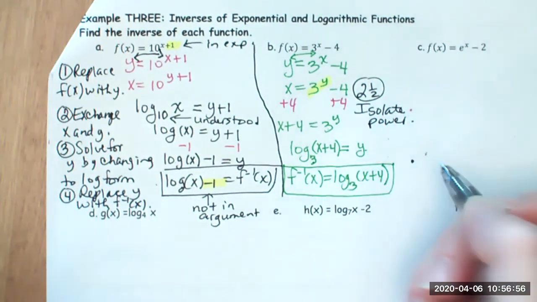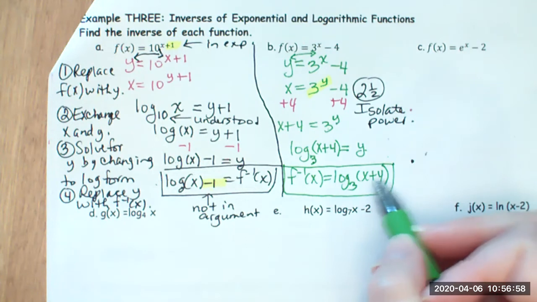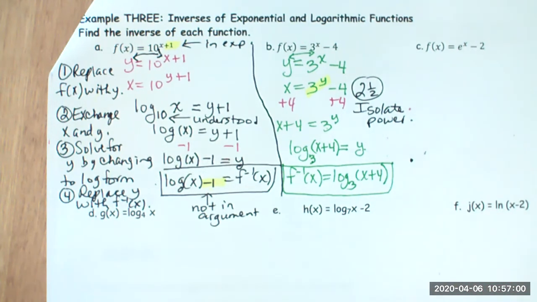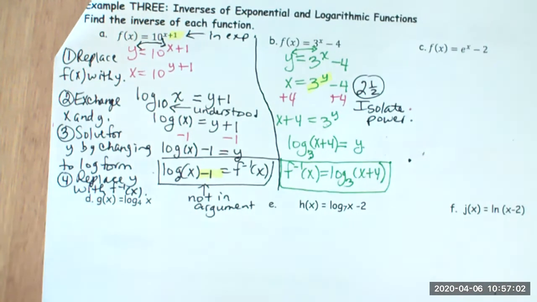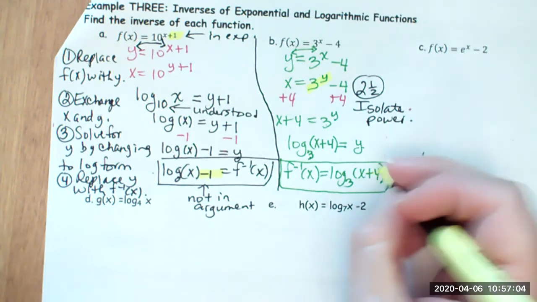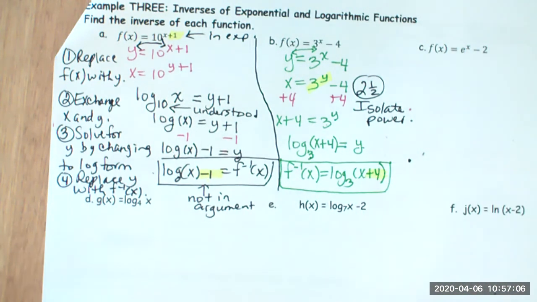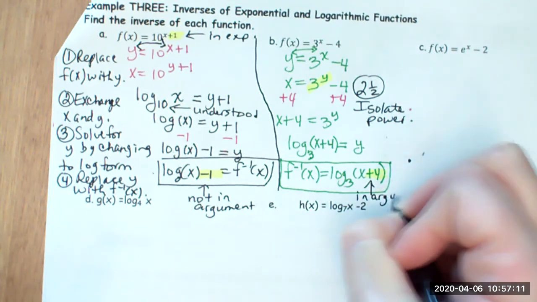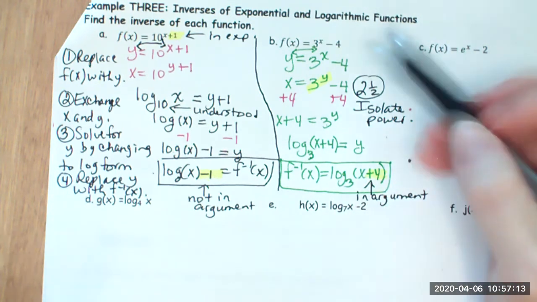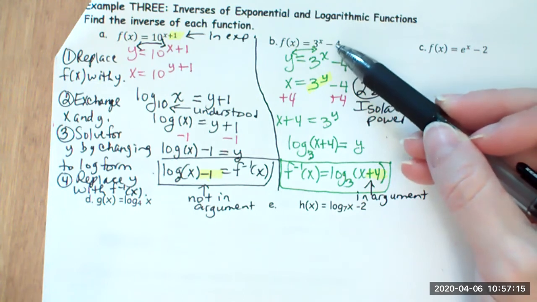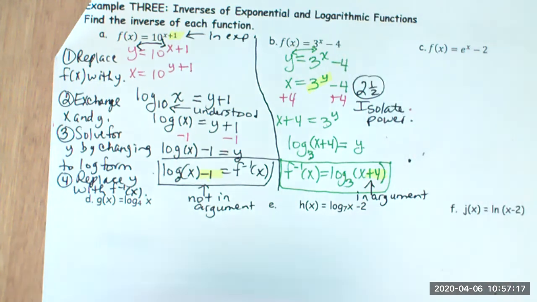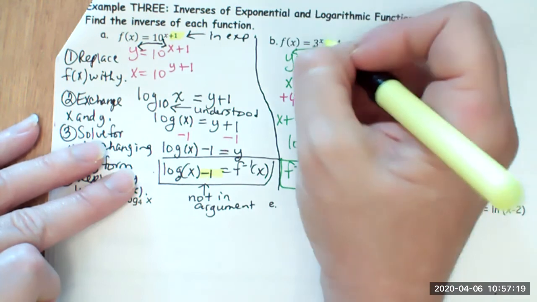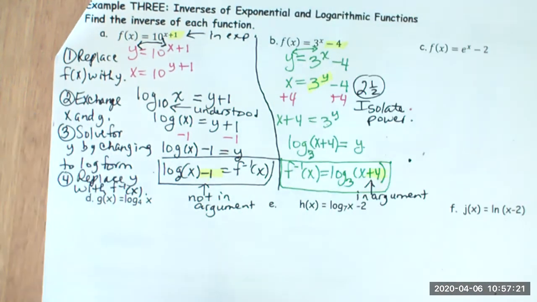Something to notice here is that the plus 4 is in the argument. And originally, if we look at the original exponential function, the minus 4 was not in the exponent.